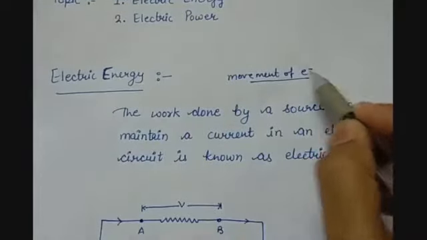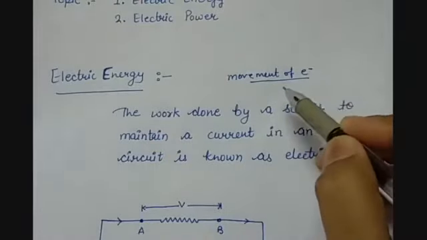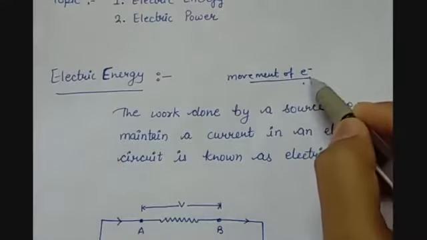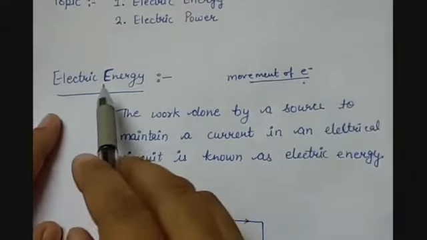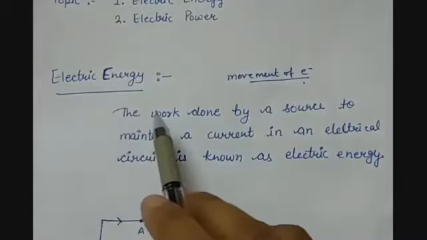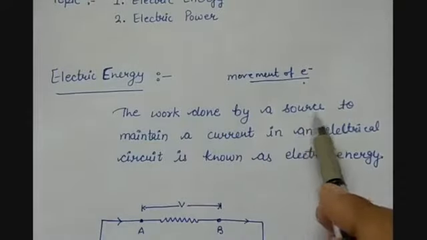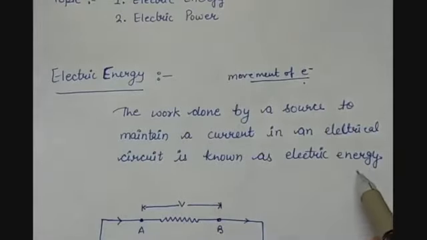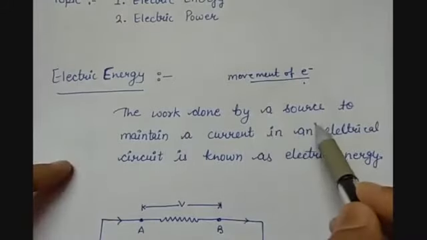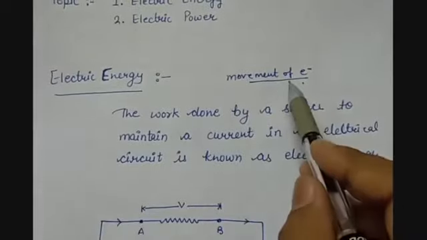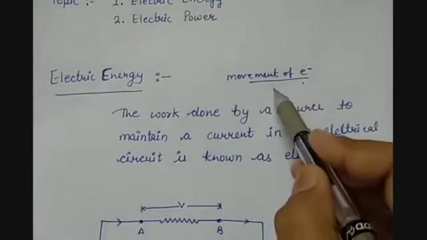So to move the electrons in the conductor, we need some kind of work to be done on it, and that is electric energy. So you can define electric energy as the work done by a source to maintain a current in an electrical circuit. The work done by a source, that means there is a requirement of a source that can move the electrons which are there in the conductor.